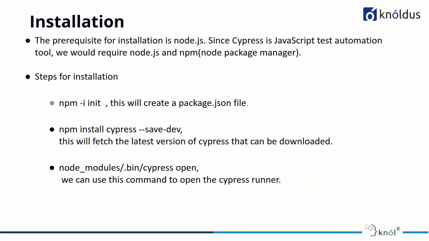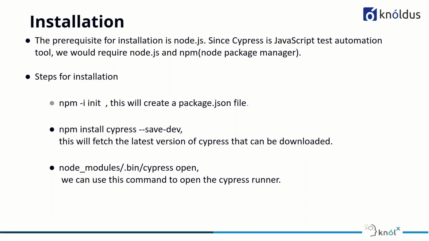Coming to the installation, after having Node.js and NPM on our machines, we can go ahead with the installation. All you have to do is create an empty directory, and inside that directory execute these commands. The first one is npm init. This will create a package.json file in your project. In comparison with a Maven project, the package.json file is something like the pom.xml.